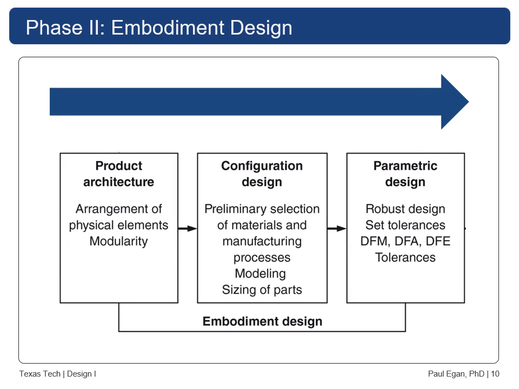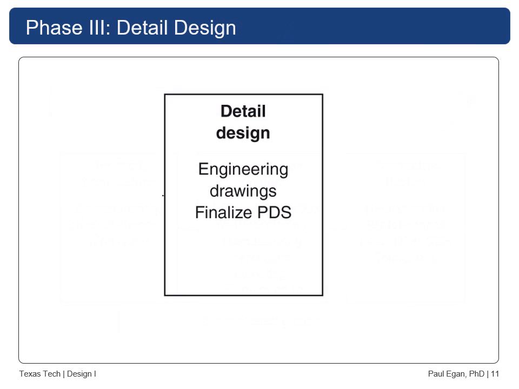Embodiment design is where you take your idea and you start picking out components and dimensioning it and configuring how everything's going to fit together. And detailed design is where you finalize the parts list, the budget, and you have drawings that are ready to go to production.